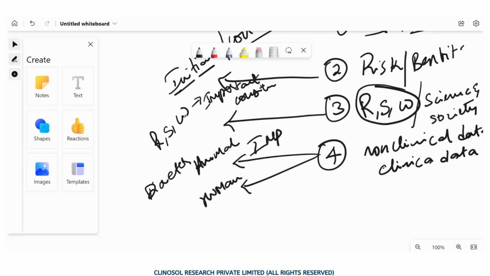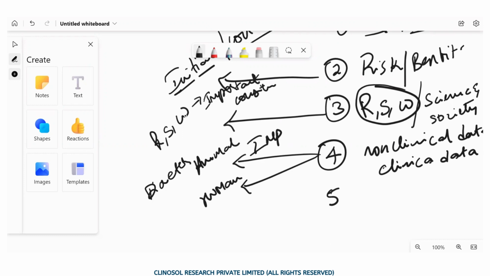You should have enough data to support a proposed clinical trial. You can't say, okay, I will do whatever I want without seeing the previous clinical and non-clinical data. So this is about the 4th principle.